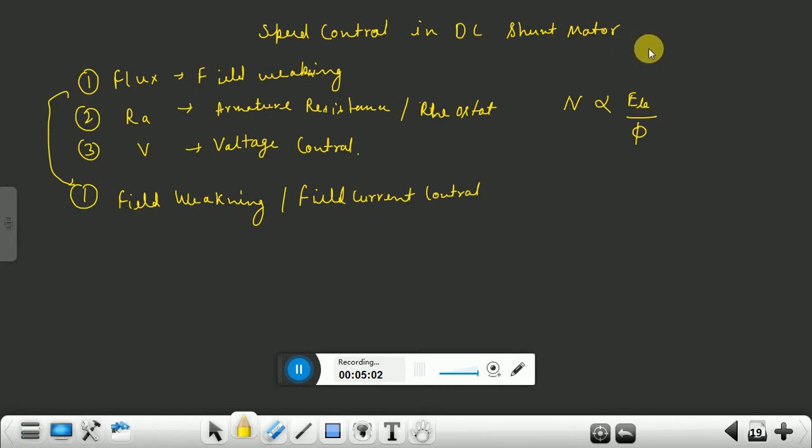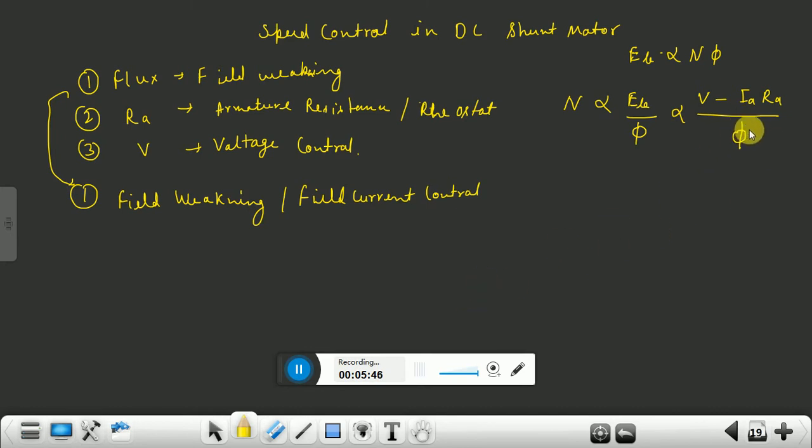So EB is directly proportional to N phi. Okay, so here we write N is directly proportional to EB and inversely proportional to phi, from this relation. Okay, and here we also write EB as V minus I RA, divided by phi.